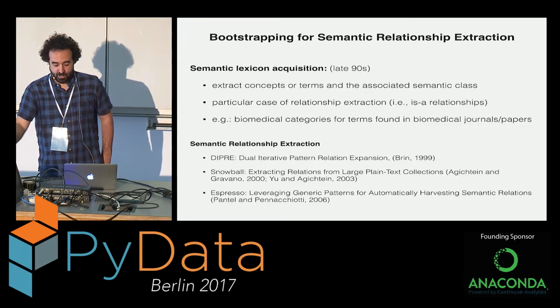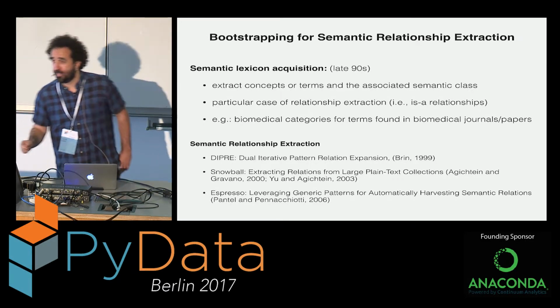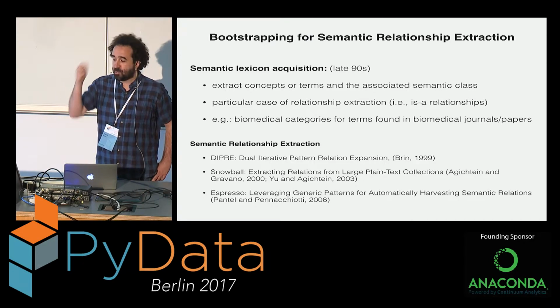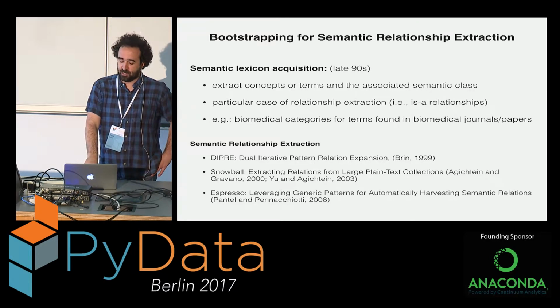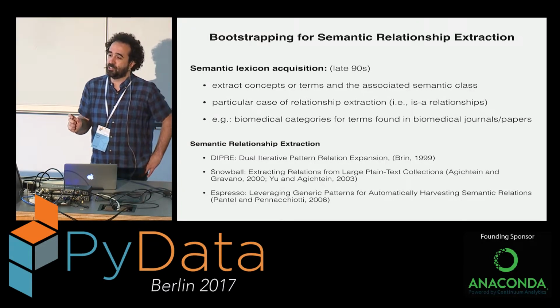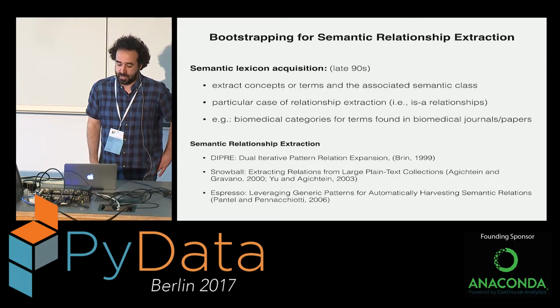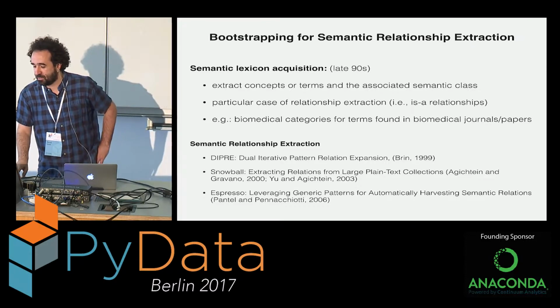And actually, it's curious, Brin here is the co-founder of Google, so this paper in 1999 was published by him, and he was using the crawl of Google at the time to find author and book relationships. Like this book was published by this author. It was one of the first papers, and it's interesting to read if you are interested.